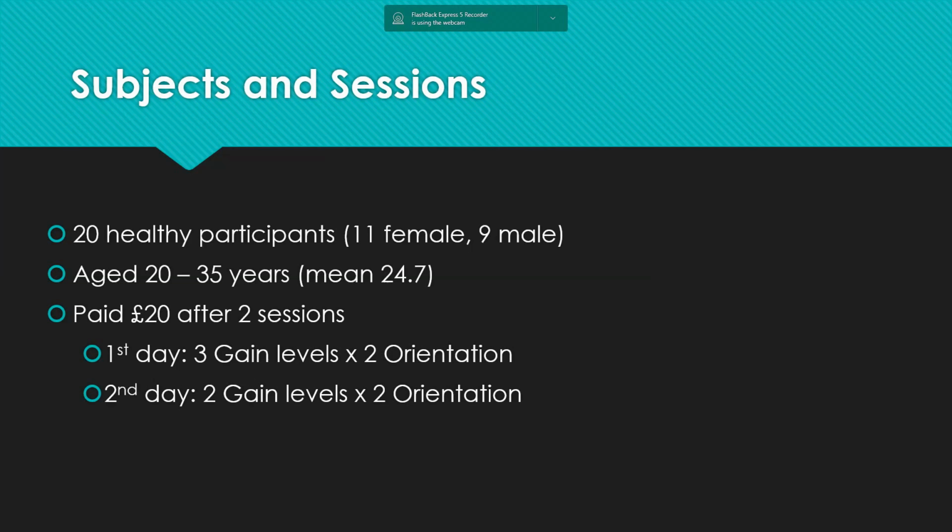So the experimenters divided it in such a way that each participant has two orientations, that's wall and table, and three gain levels, random, and two gain levels on the second day. The gain levels that they chose were 1x gain, that is no gain at all, 1.5x gain, 1.75x gain, 2x gain, and 3x gain.